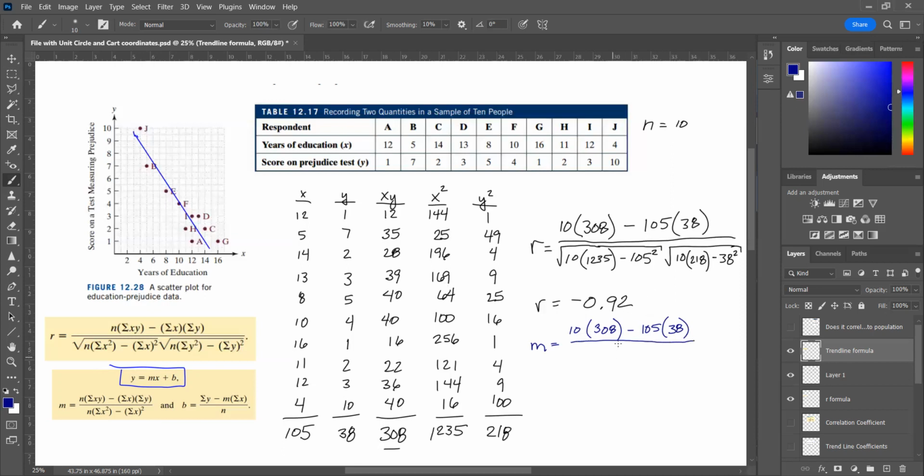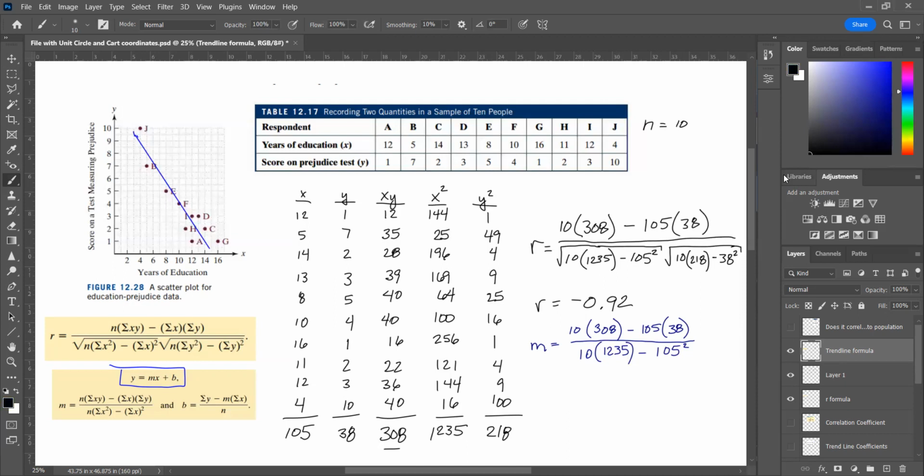In the denominator, though, it's slightly different. We don't have any square roots. We still have n times the sum of the x squareds, 1235, minus the sum of the x's, which was 105, squared. So it's kind of like the left-hand side of the denominator there without the square root.